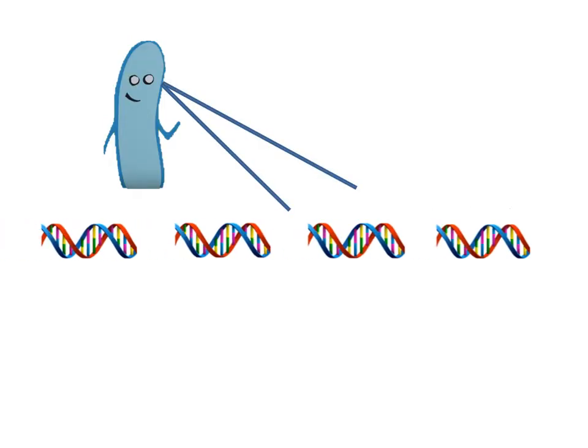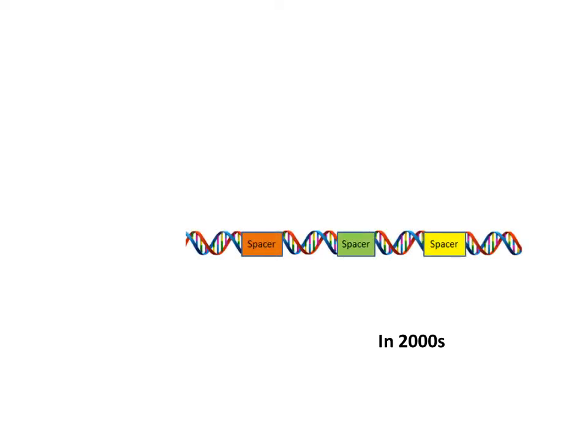Scientists found a series of short repeating DNA with spacers sitting in between them. In the 2000s, scientists found that the spacer DNA matches perfectly with the viral DNA.